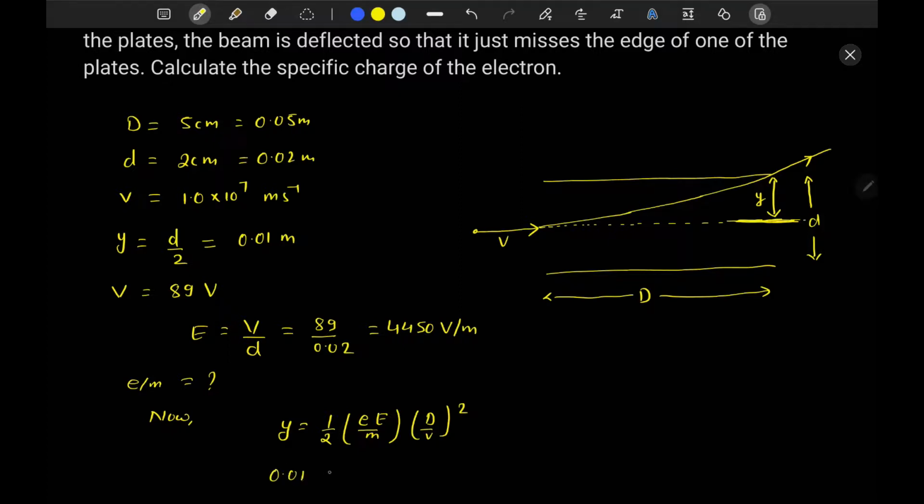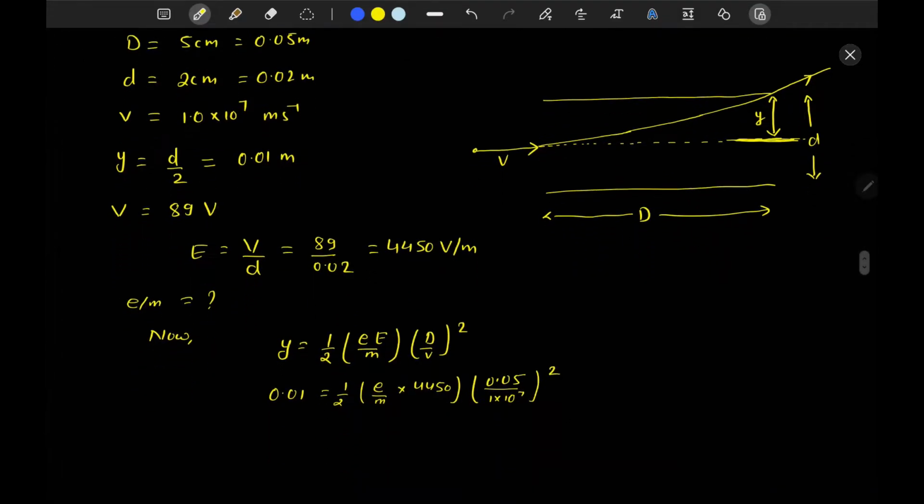y is 0.01, 1 by 2, e by m is to be calculated, electric field 4450, d is 0.05, and velocity is given by 1 into 10 power 7 whole square, or 0.01 equals 2225 into e by m into 2.5 into 10 power minus 17.